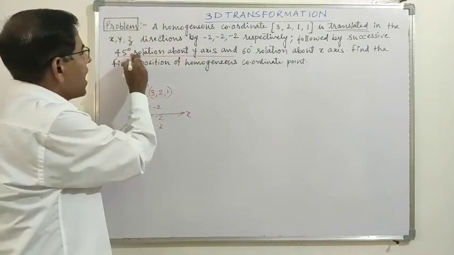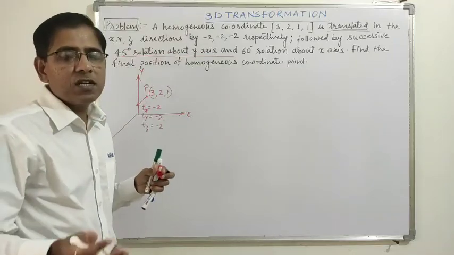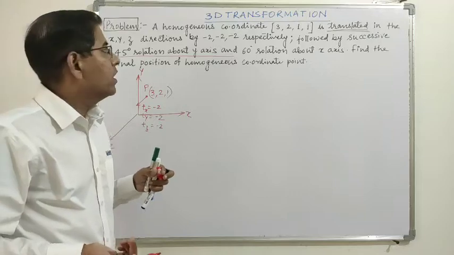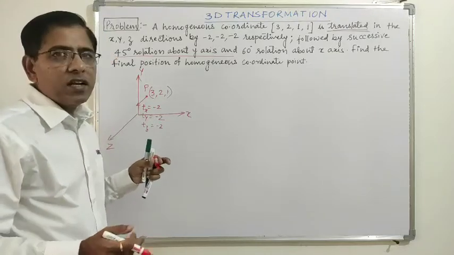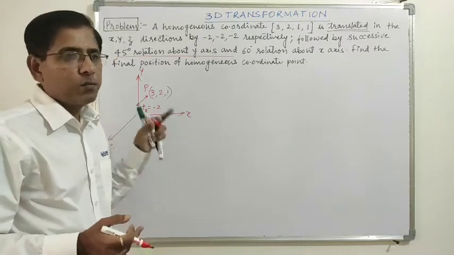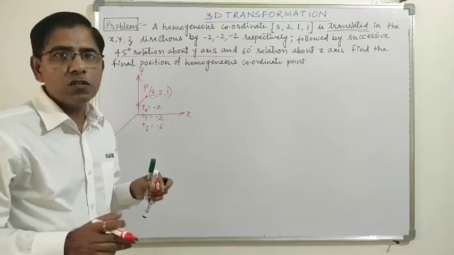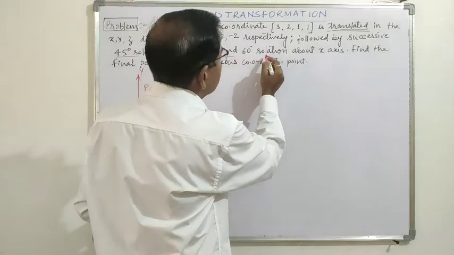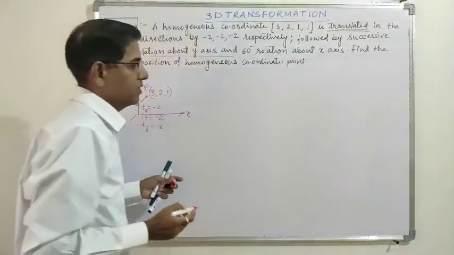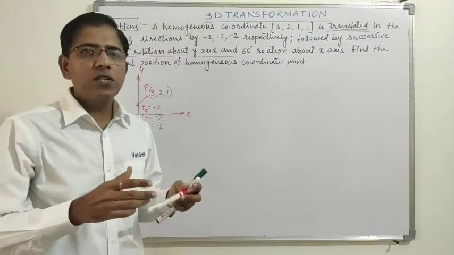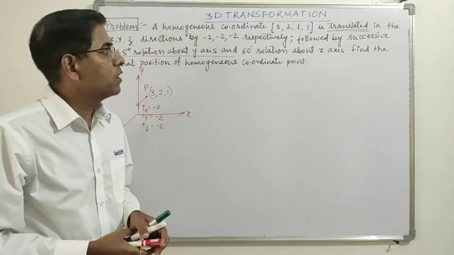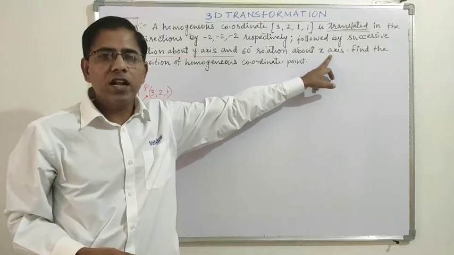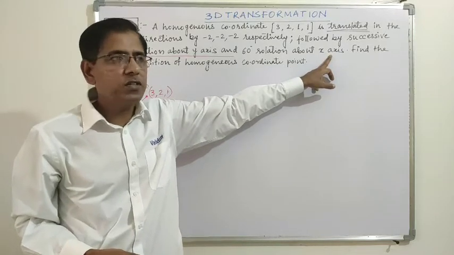So here direction is not mentioned, whether it's a clockwise rotation or anti-clockwise rotation. So we consider it as an anti-clockwise direction. Means we consider the angle as positive 45 degree, and then followed by 60-degree rotation about x-axis. Then the object is further rotated by 60 degree about x-axis. So there are three types of transformations involved.